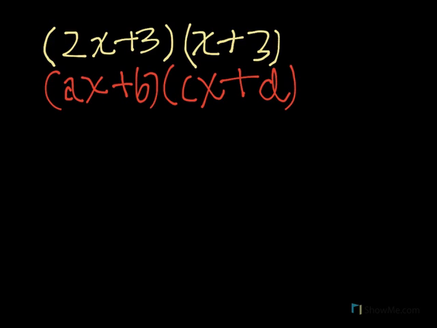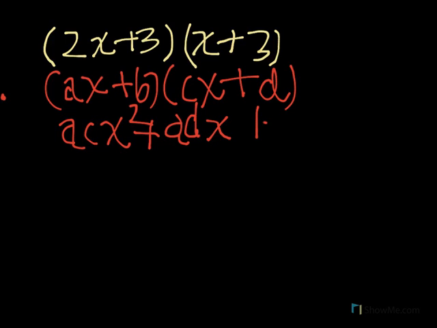So let's multiply them. First, ax with cx will be acx squared, then ax with d, plus adx, then b with cx, plus bcx, and b with d, plus bd.